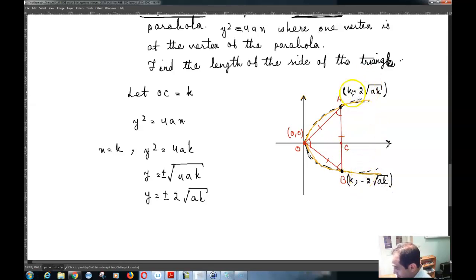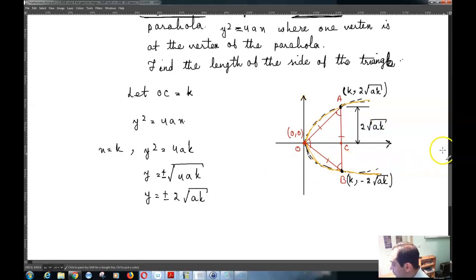Now, of course we need to do something to get rid of this K over here. This distance here, as you can see, is basically 2 times the square root of ak.